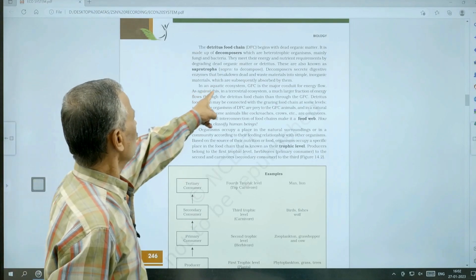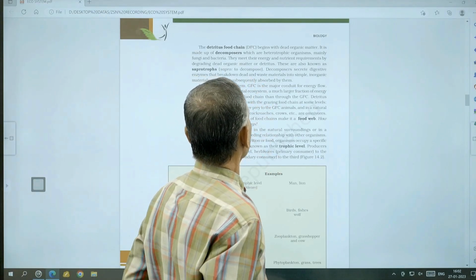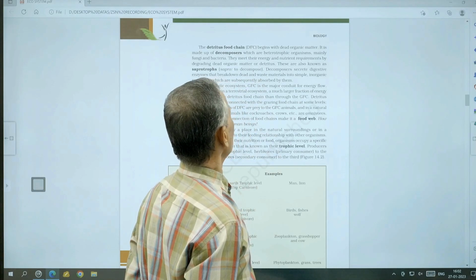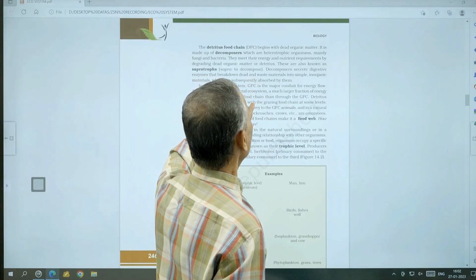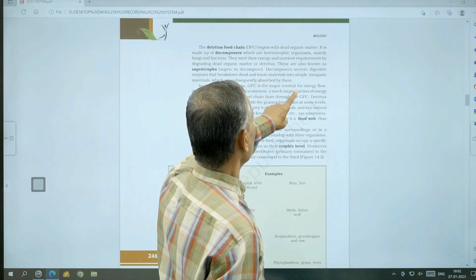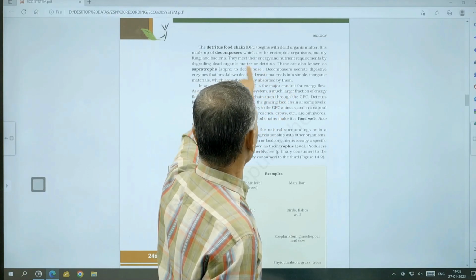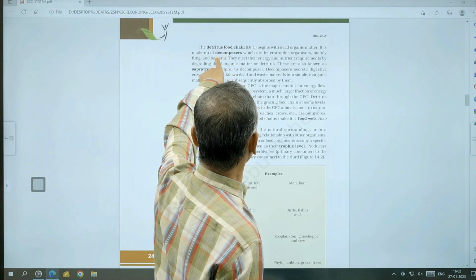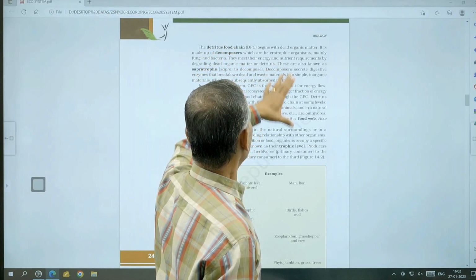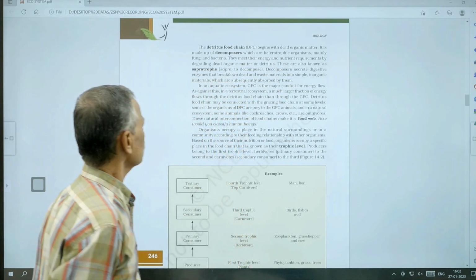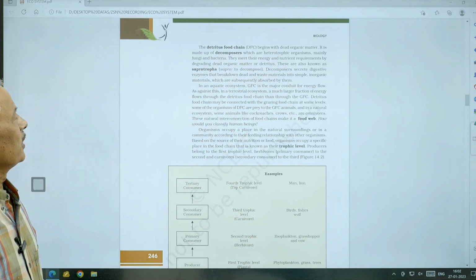The second one is the grazing food chain. This grazing food chain plays an important role in the transfer of energy in aquatic ecosystems. In terrestrial ecosystems, most of the energy flows through the detritus food chain. Okay, what is the grazing food chain?